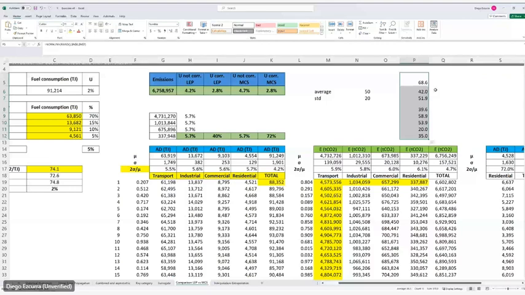If I run and extend this cell like 1,000 times, I should get an average value very similar to 50 and a standard deviation very similar to 20. That's how this formula works.